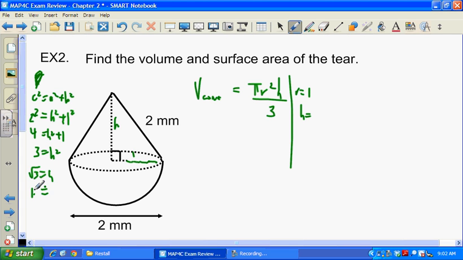Yeah. Millimeters. And then I can jam this into my calculator. That's a 3. Pi times 1 squared, all in one step in your calculator. 3.88 millimeters cubed. And then the volume of the half sphere.